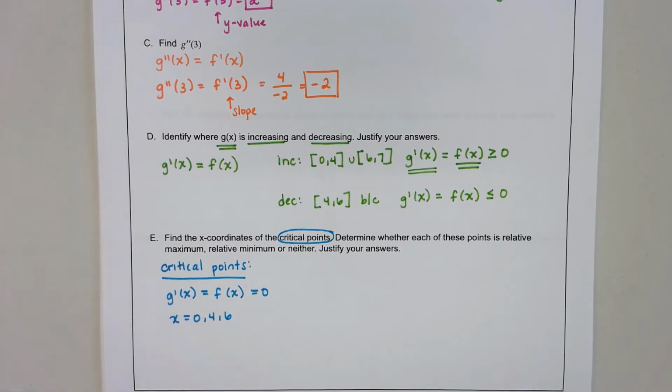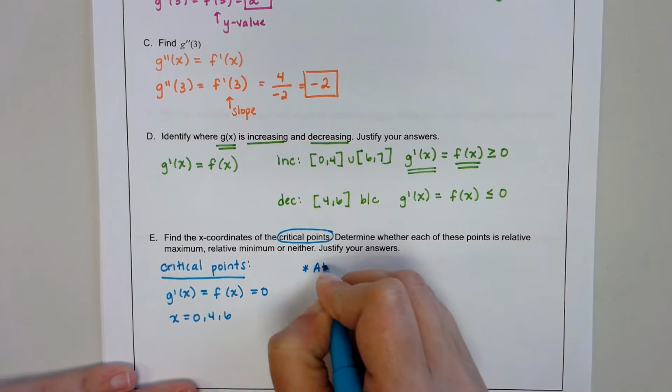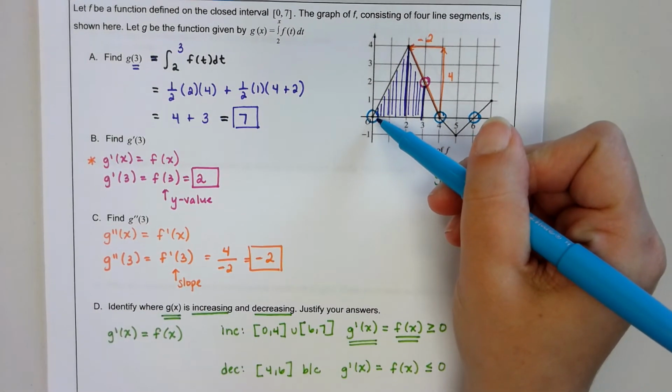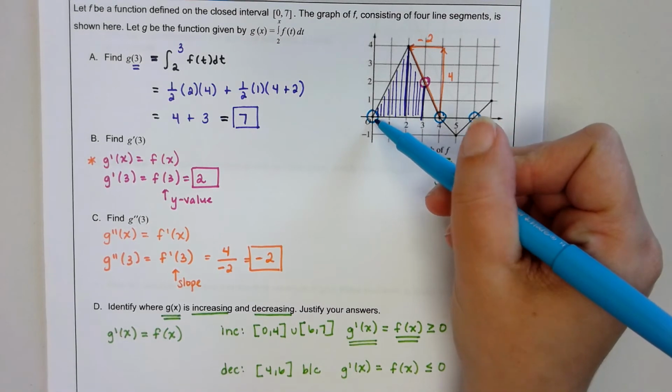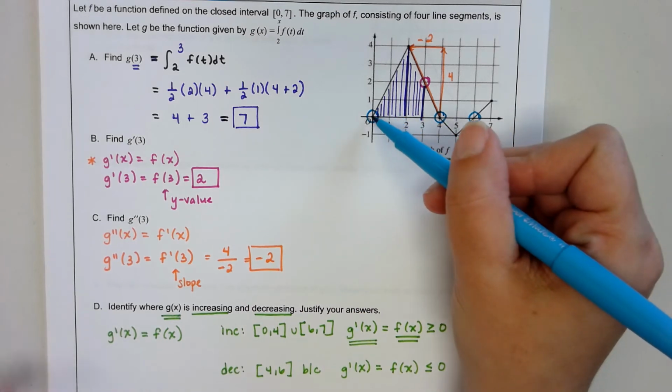Now, the follow-up part to this question is to determine for each of these values whether there's a min, a max, or neither. So let's start with 0. At x equals 0, which is the beginning of my graph, there is going to be neither a min nor a max. And the reason is because it does not change signs there. G prime does not change signs.